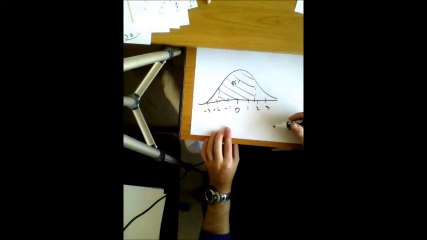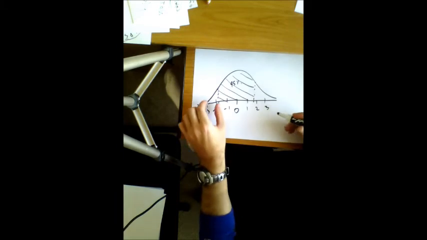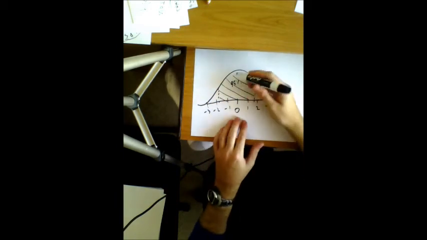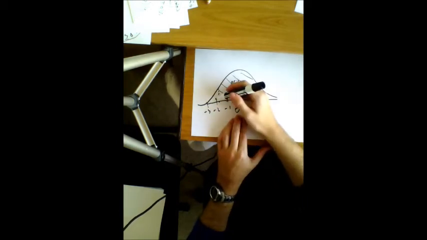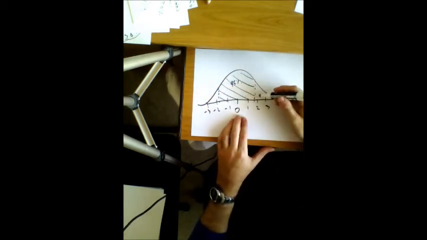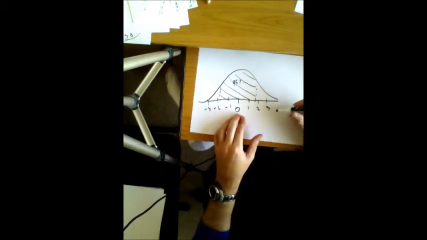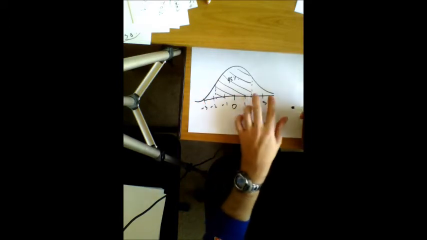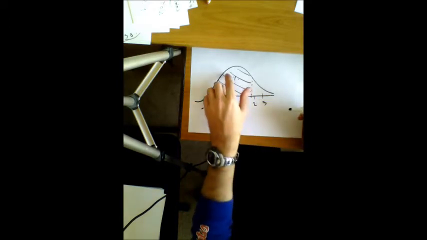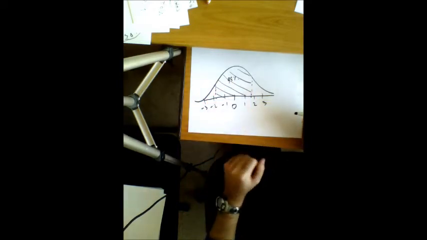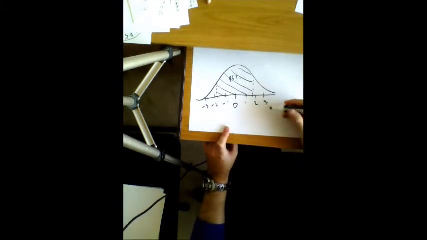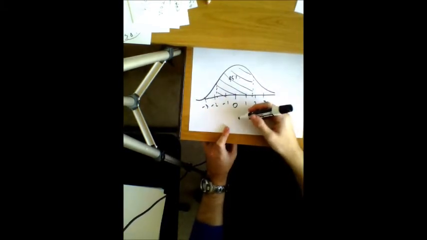The way to do that is to recognize that these are symmetric, right? So it's symmetric across this 0. So the area here is the same as the area in this white space. I want this area plus this area to equal 5%.